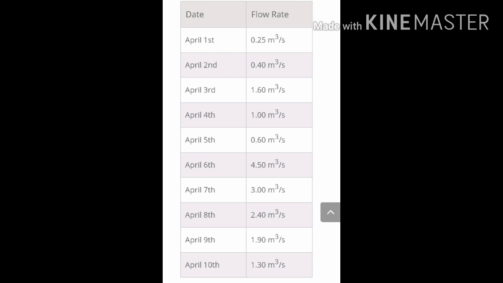If we draw the bar graph of flow rate versus the day on which the flow rate is available, then the bar graph is called as hydrograph, and it appears like the one shown here.